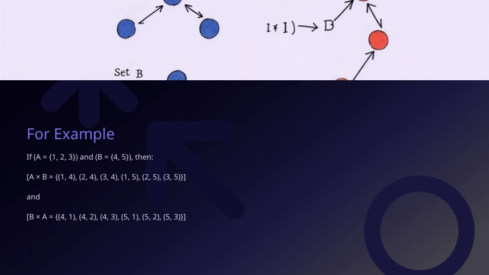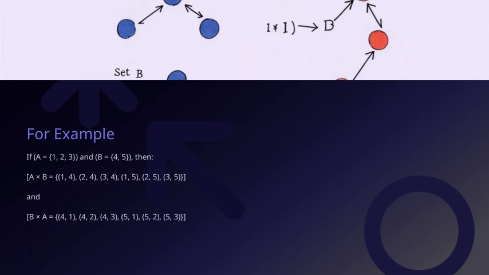On the right, we see A times B, which flips the order: pairs where the first element is from A and the second from B. These are (1, 4), (2, 4), (3, 4), and then for 5, (1, 5), (2, 5), and (3, 5). It's important to notice that the order of the pairs reflects the order of the sets in the Cartesian product. So, B times A pairs elements from B with A, while A times B pairs elements from A with B.